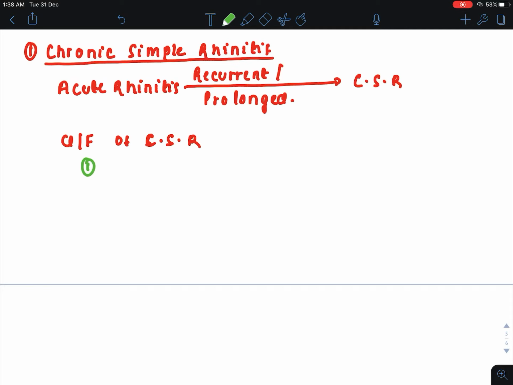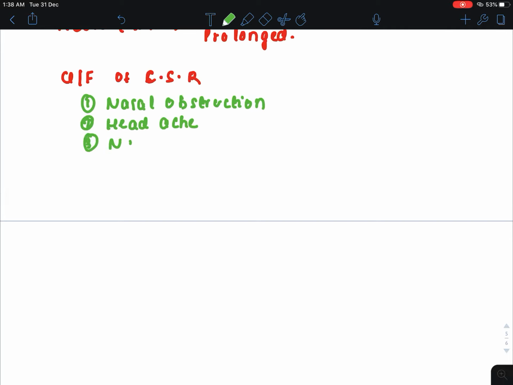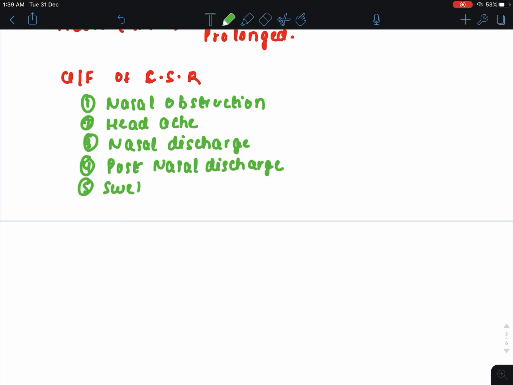The clinical features are nasal obstruction, then because of nasal obstruction, headache will occur, nasal discharge, post nasal discharge, and swelling of turbinates.